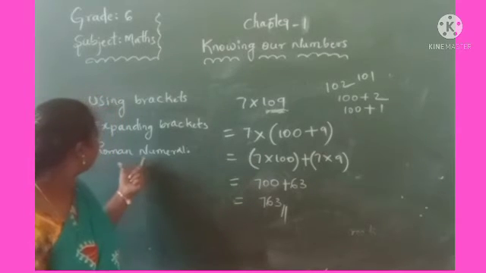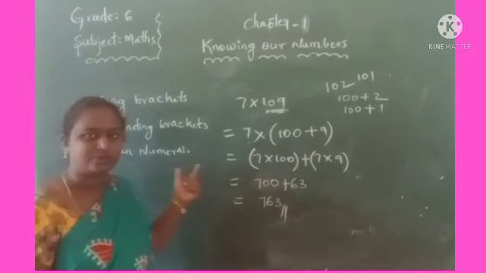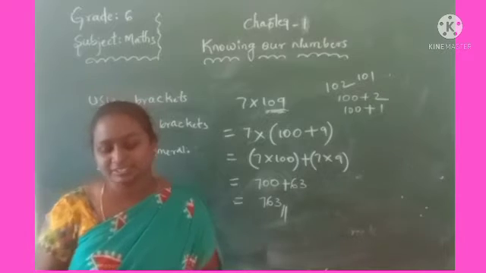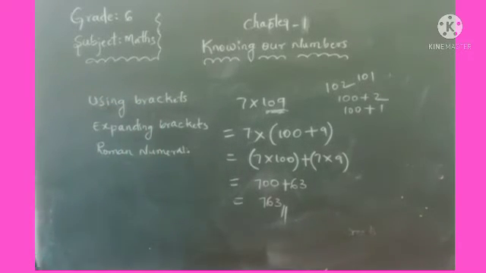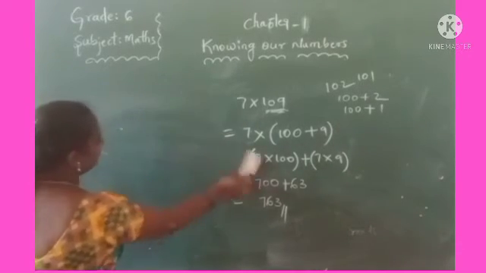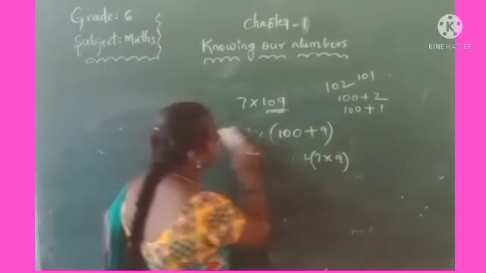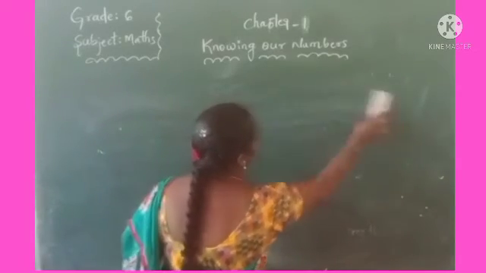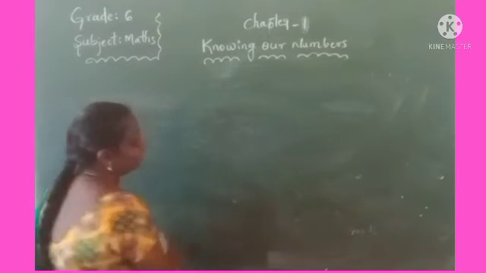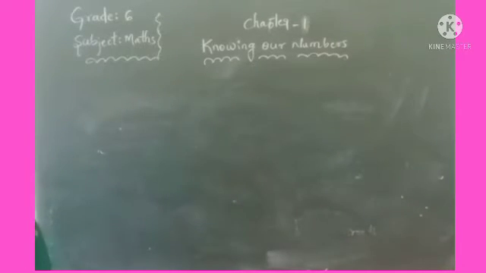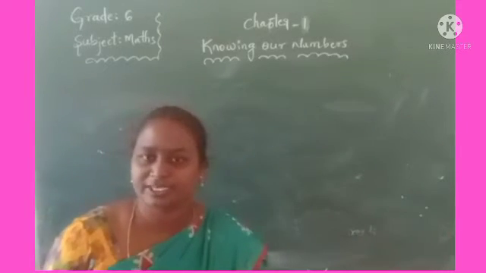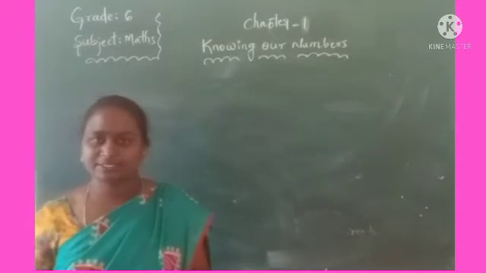And come to the third topic, that is Roman numerals. So these all you learned in the previous class. In the 5th class you learned how many symbols are used by the Romans, who used these Roman numerals. Roman numerals are used by Romans.